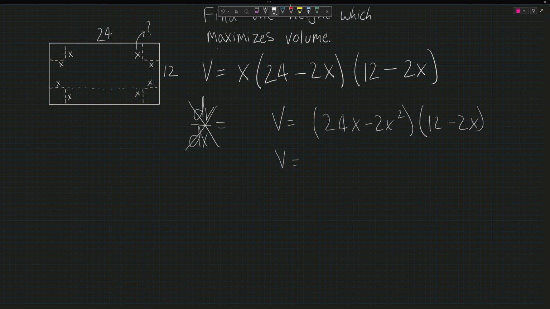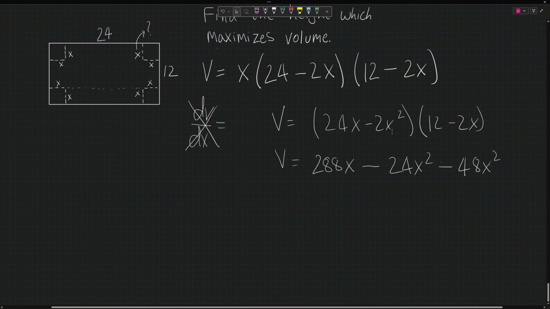So our new, expanded volume is going to be 288x minus, let's do 2 times 12 minus 24x squared, and now these two, minus 48x squared.